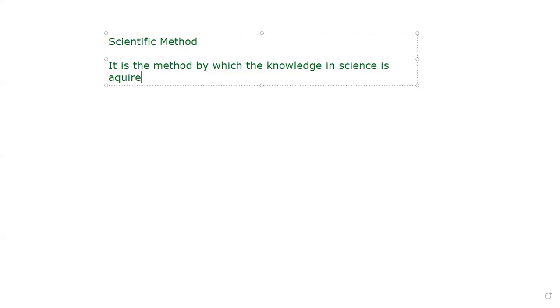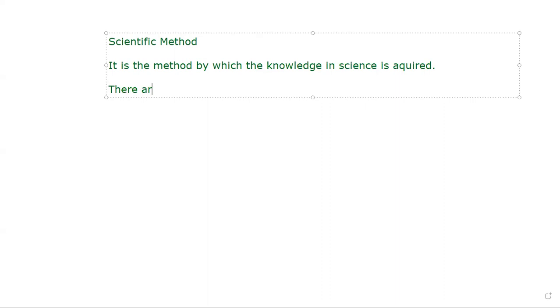What is the scientific method? It is a method by which the knowledge in science is acquired. So that is called the scientific method.